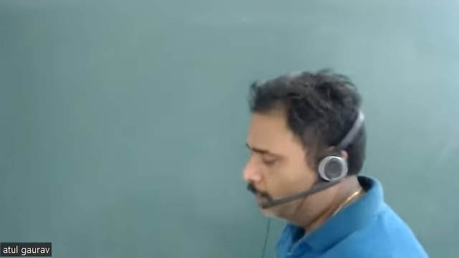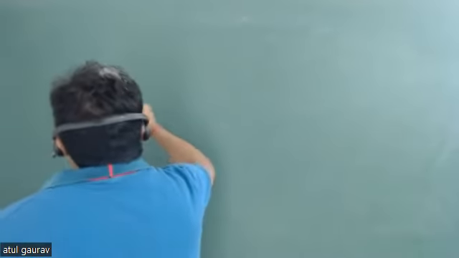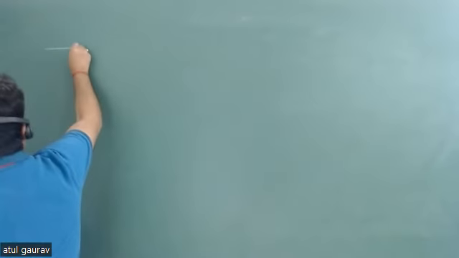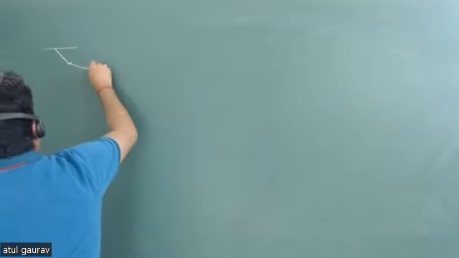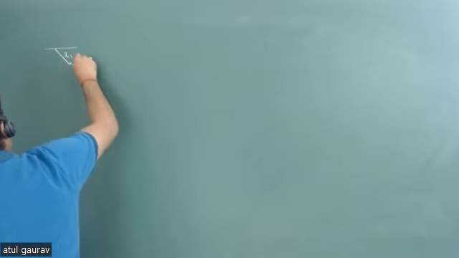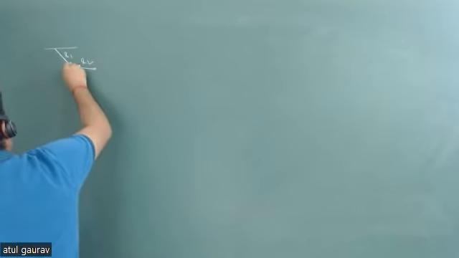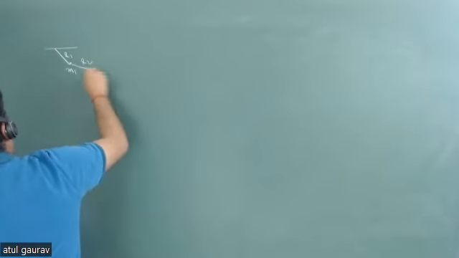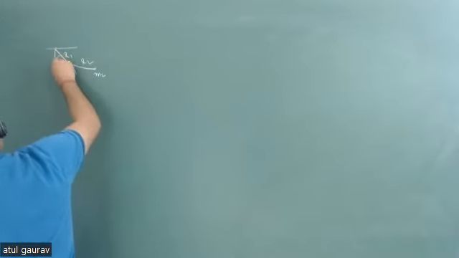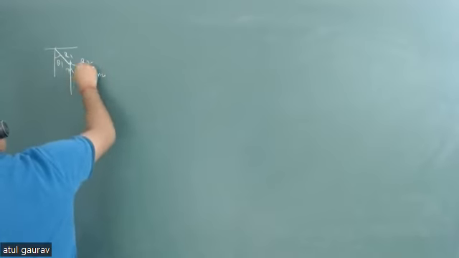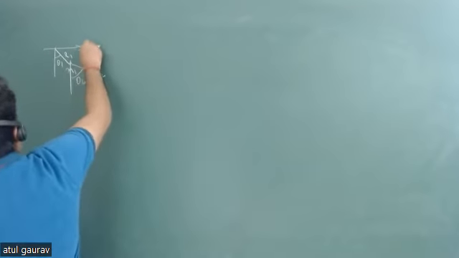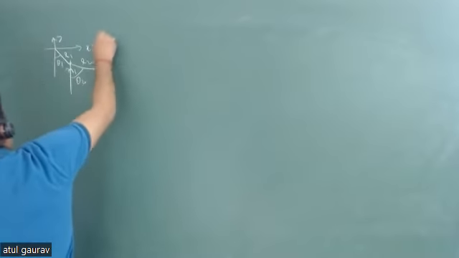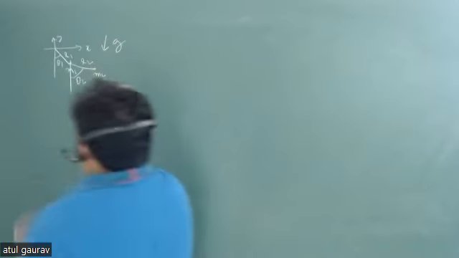सो कभी भी किसी भी एग्जाम में इसको पटका जा सकता है। Okay, so you people remember the double pendulum is nothing. This is your one pendulum, this is your another pendulum, this length is L1, this length is L2, this mass is M1, this mass is M2, and obviously this angle is θ1 and this angle is θ2, and this is your x-axis, this is your y-axis, and all things are in gravity.